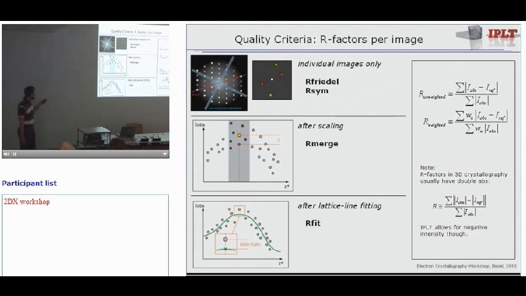We have three kinds of R factors. The first two are basically for individual images only. We calculate an R Friedel, so we have a look at how well the Friedel pairs fit. And the second thing we put in was done to try to debug and see if there are diffraction patterns which have a problem with symmetry.